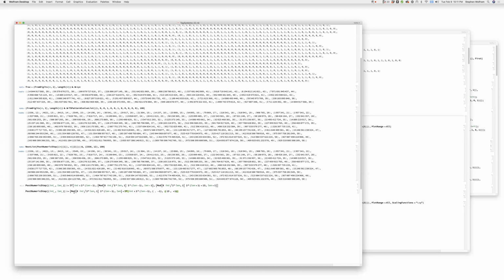Well, okay, so let me just write this with m equals, and it's not actually mod, it's fractional part, right?